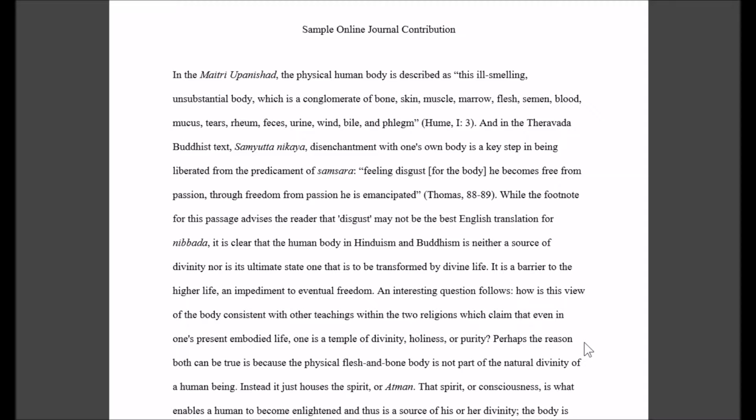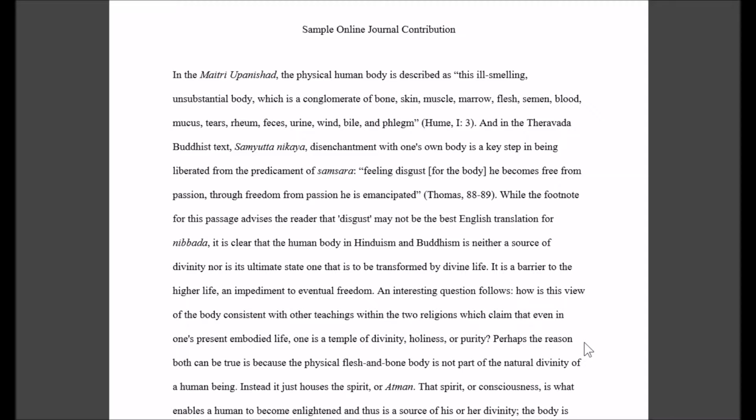Because in my original prompt, I said, what's the connection of the body to the divine life in the two religions? And here, what she's doing is saying that, look, there's a question here about the internal consistency of the teachings, where on the one hand, the body is something to be overcome. It's an impediment and a barrier. But on the other hand, we can still be this temple. A human being in the physical body can be this temple of divinity, holiness, or purity.